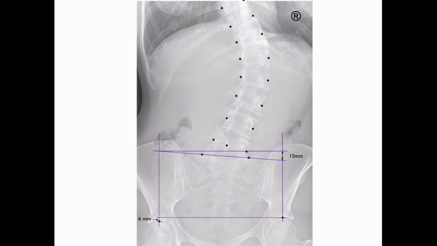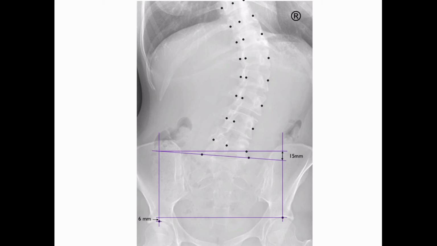L4, there's a lot more rotation, so the spinous process is rotated over. L3, L2, L1, T12, and the rotation starts to come out up at T11, and then T10, it's almost in a neutral position again there, the spinous process. So now we have the spinous process marked.